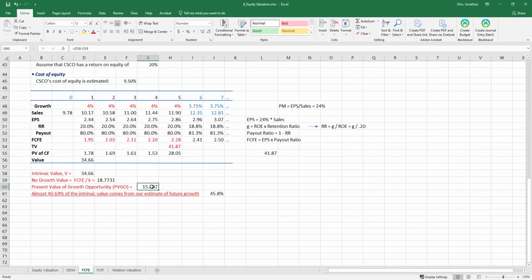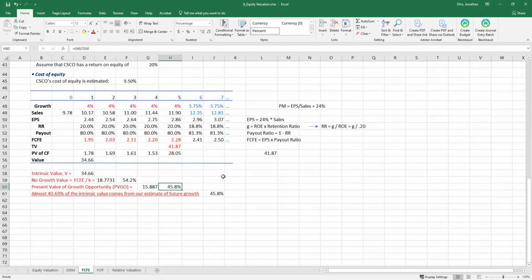And this one is the total minus this no growth value. If you change this one to a percentage, this one divided by this one gives you 54%. And this one divided by this one is 45%.